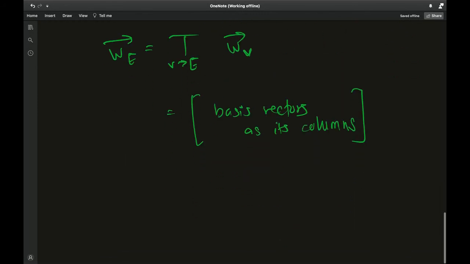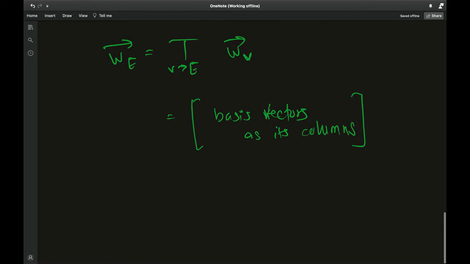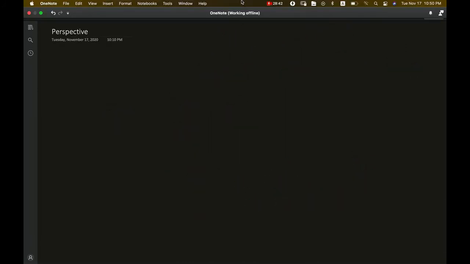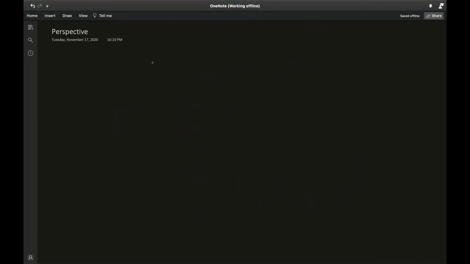That's why the transformation matrix for a standard basis is the identity, because 1 0 0, 0 1 0, 0 0 1 are the basis vectors for the standard basis. Now, a fresher perspective I offer on the formula for change of basis of matrices is, say you have B, a vector expressed in some basis S.